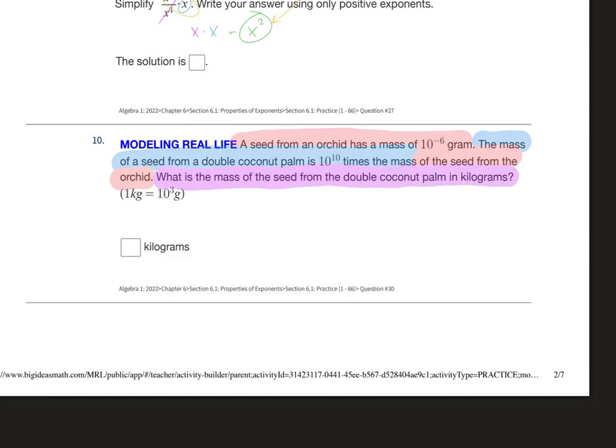So I'm going to take the orchid and do literally what this says: the coconut is 10 to the 10th times the orchid. So cocoa equals the orchid times 10 to the 10th. What we end up getting is that the cocoa equals 10 to the 4th.